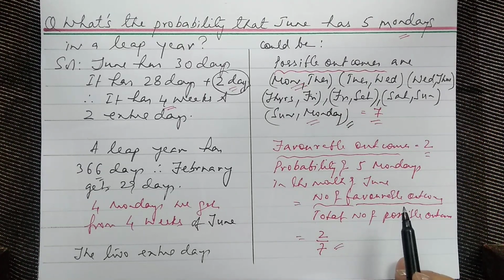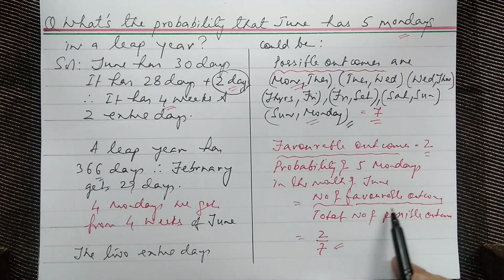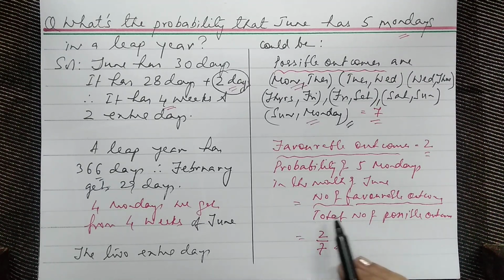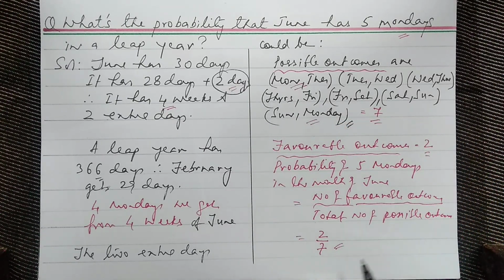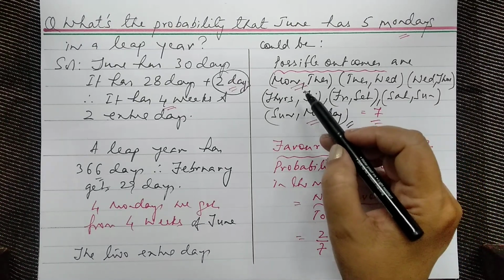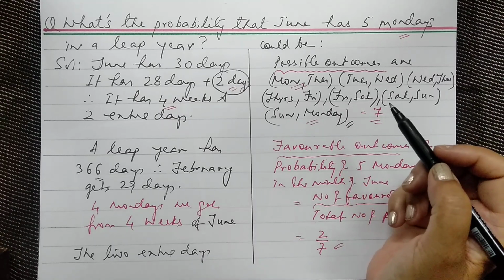The formula for finding probability is number of favorable outcomes over total number of possible outcomes. The total number of possible outcomes, as I said, is 7. But Monday comes in this one and it comes in this one.